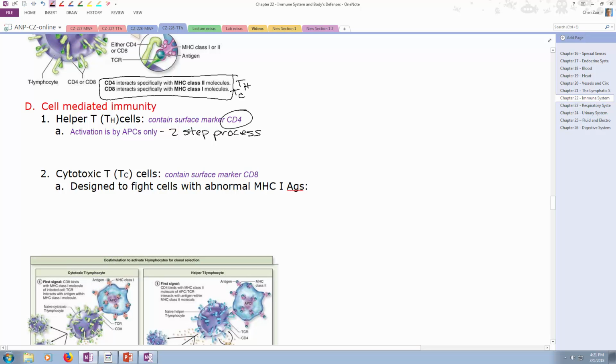I think you already have this in the notes. It's been a little bit modified and didn't quite turn out the way I was hoping it would. But activation of helper cells, in other words, getting them to do their job. So activation is getting them to do their job. It's a two-step process.